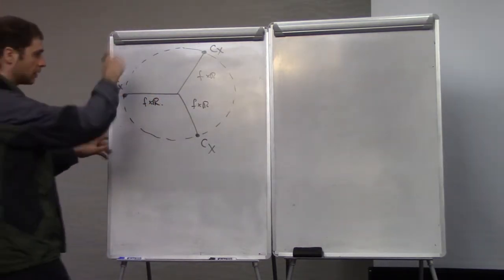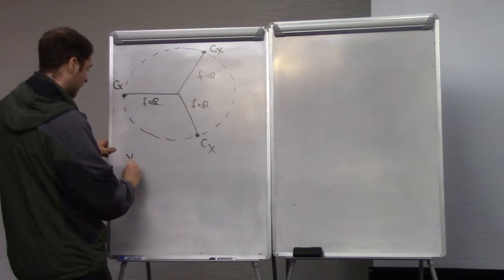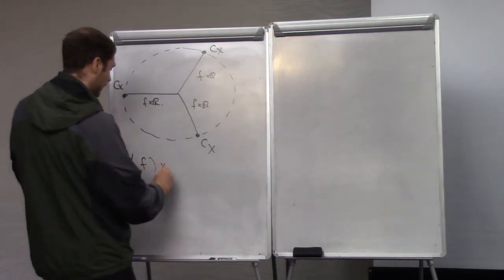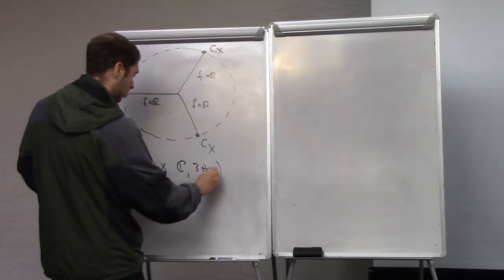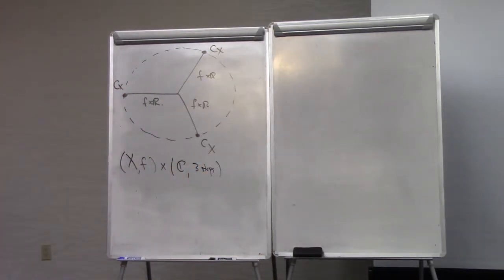So this stop Liouville manifold here is X cross F times C with 3 stops. And Knuth tells us that we know what the category of this is.